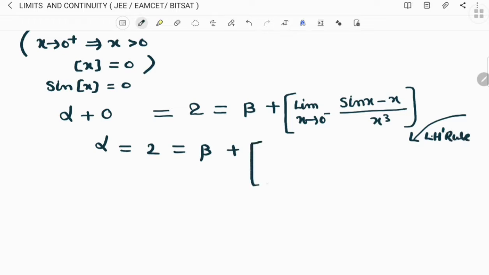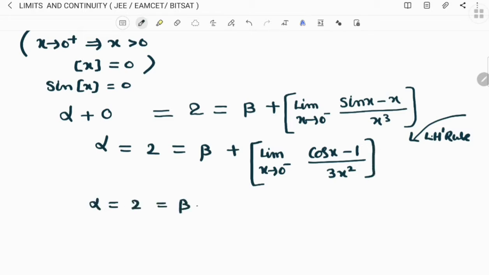So within the step function, limit x tends to 0 minus, sin x derivative is cos x, minus x derivative is 1, x cube derivative is 3x square. So alpha equal to 2 equal to beta plus, here minus, if you take common minus in the limit, from the numerator I am taking common minus.